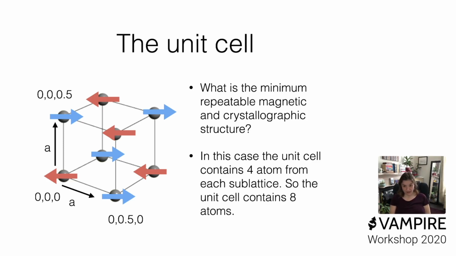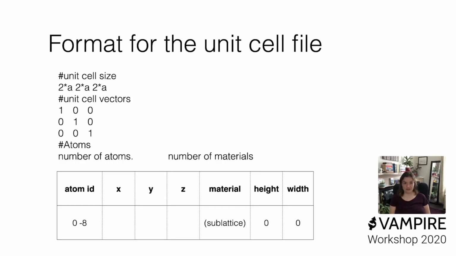So what we need to do first is list all of the atoms that we can see here in this structure and what sublattice they're in. And then we can use exactly the same unit cell format that we used for the skyrmions. So we have 8 atoms and the atom IDs start at 0, so that should actually be 0 to 7.